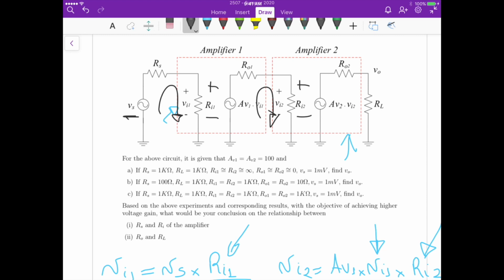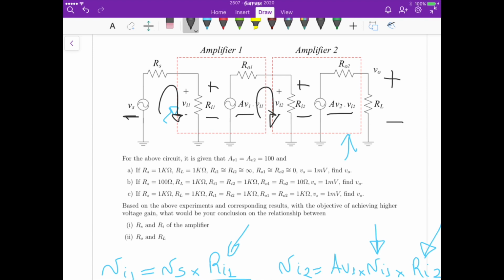So we get maximum voltage being transferred to these dependent voltage sources, which leads to a higher voltage being provided to the output. So disregard Rout in this case.